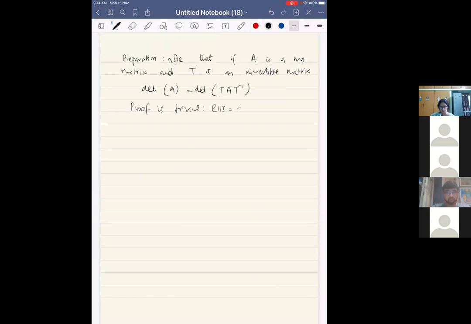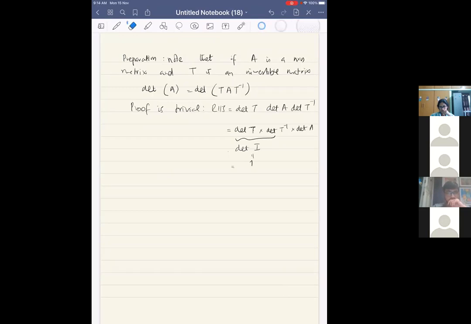The right-hand side equals det T det A det T inverse, and this is det T into det T inverse into det A, because the product of real numbers is commutative, and this is det of I, which is 1.